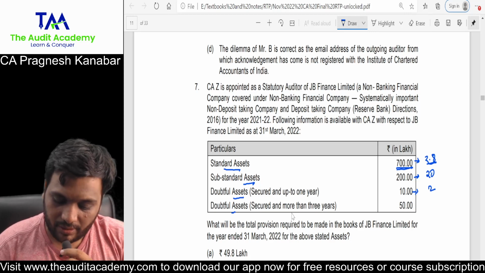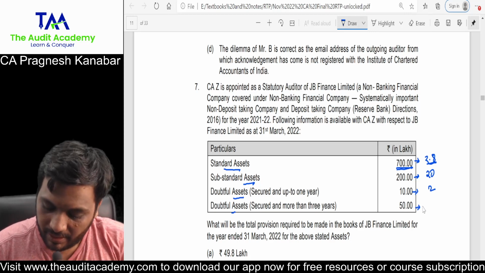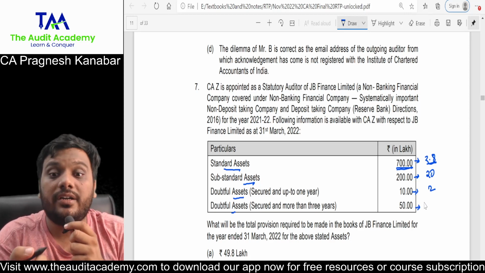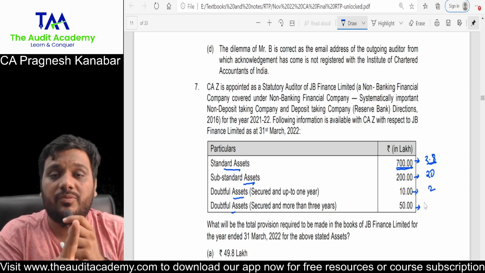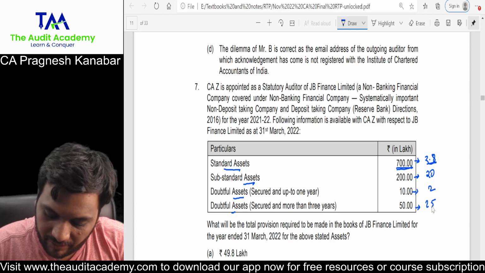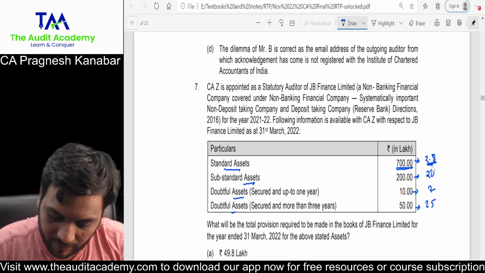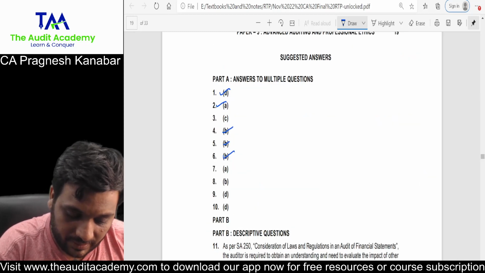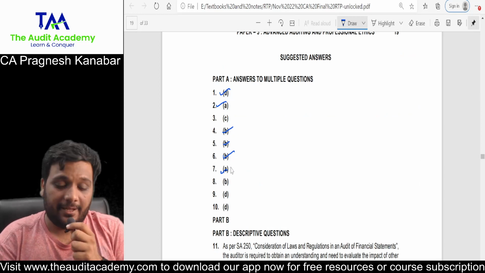And doubtful secured and more than 3 years will be 50% and not 100% provisioning, even though it is more than 3 years, because it is secured. So 25. If you see, 20 plus 25 is 45, 47 and 49.8. And the answer for question number 7 is A.